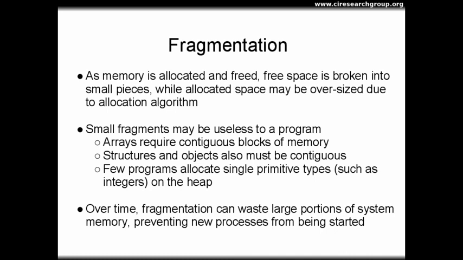These structures are likely to be in various sizes that are not efficient to utilize for memory management purposes, so the systems will allocate a few more bytes than the structures actually require in order to improve efficiency of the memory tracking systems. Furthermore, structures and objects will be allocated and freed numerous times during program execution, further fragmenting the RAM. Over time, fragmentation can waste large portions of the system memory, limiting the degree of multiprogramming by making it impossible for new processes to start.